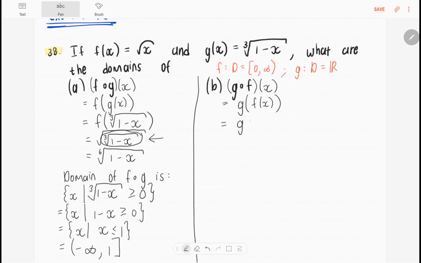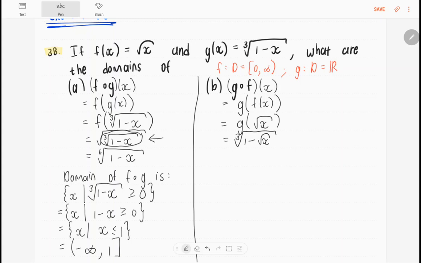This means it's g of the square root of x, which is then the cube root of 1 minus the square root of x. So now we want to find the domain of this composite function.